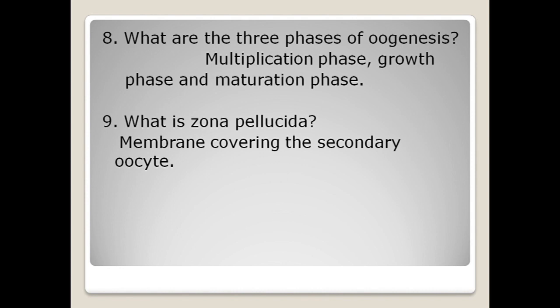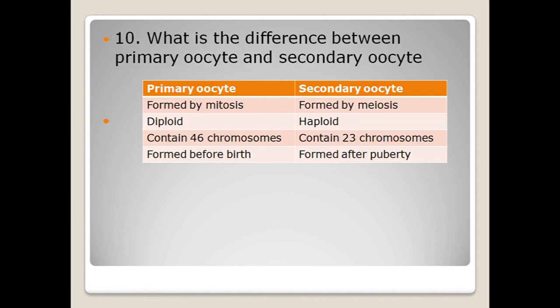What are the three phases of oogenesis? Multiplication phase, growth phase, and maturation phase. What is zona pellucida? The membrane covering the secondary oocyte. What is the difference between primary oocyte and secondary oocyte?